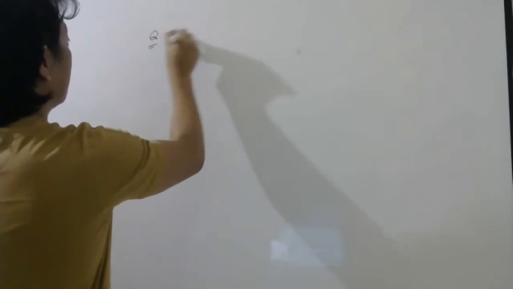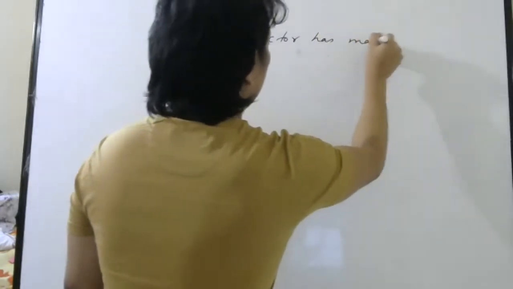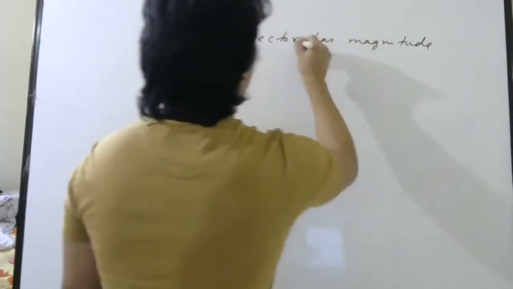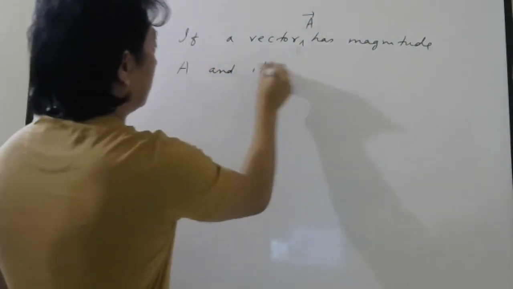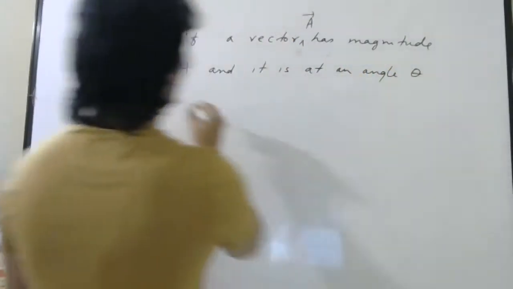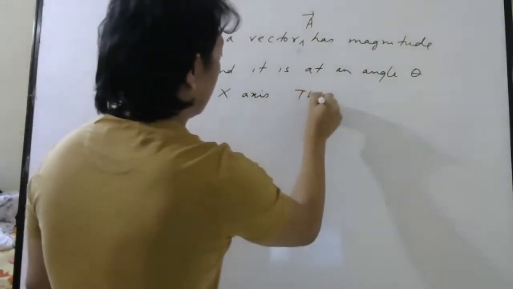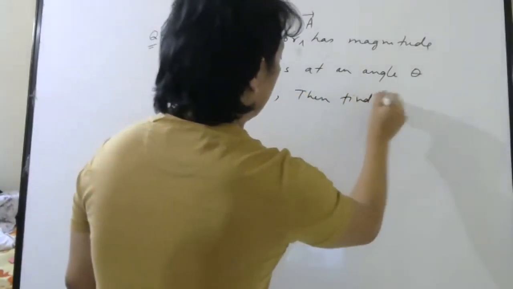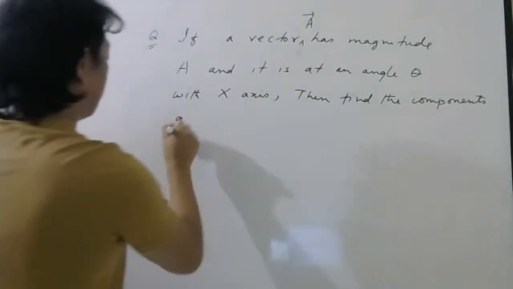Now, let us learn how to find components actually. Suppose the question says: if a vector A bar has magnitude A and it is at an angle theta with the x-axis, find the components of the vector.